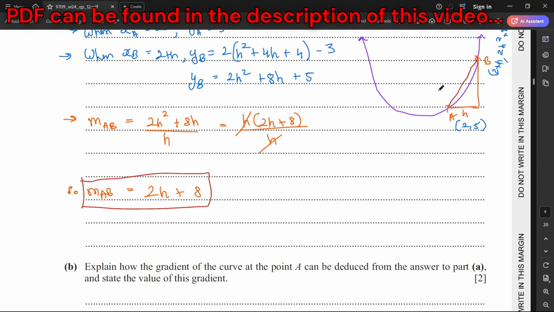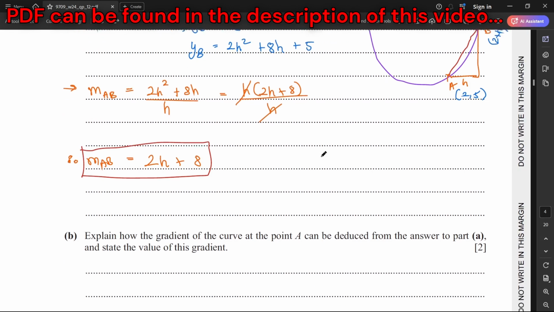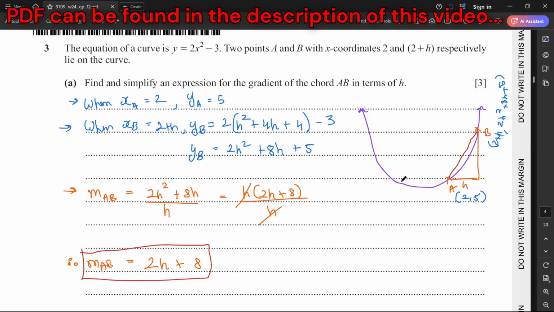If you are able to recollect the concept, this is coming from the questions of limits that we have in calculus. So in limits, we have studied that the moment this B comes closer and closer to point A, what's going to happen? Let's say, for example, from h it came to over here, maybe h by 2. Now this is the chord. There is some kind of a distance in x and y as well.